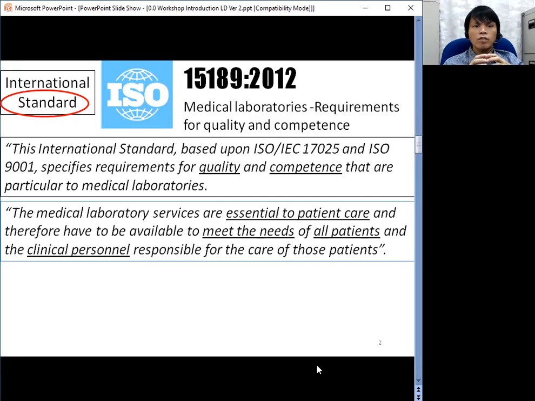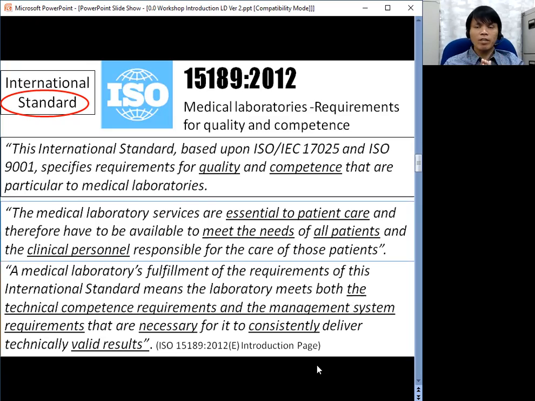A section of the introduction page also mentioned about the implication or meaning if a laboratory fulfills the requirements of the standard. And let me quote, "A medical laboratory's fulfillment of the requirements of the international standard means the laboratory meets both the technical competence requirements and the management system requirements that are necessary for it to consistently deliver technically valid results." End of quote.